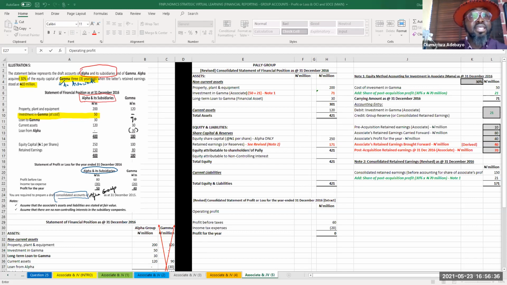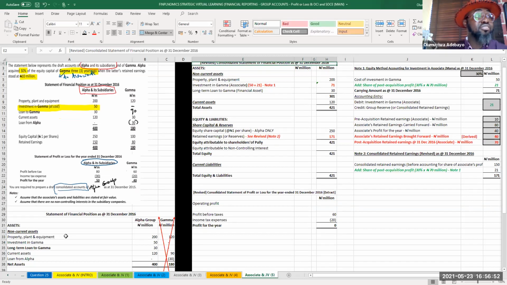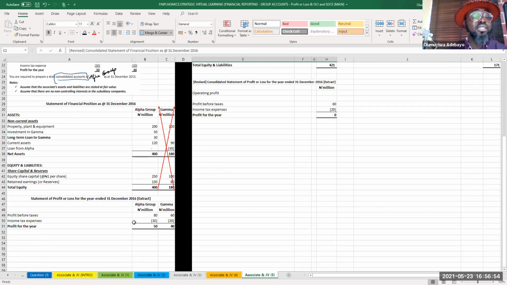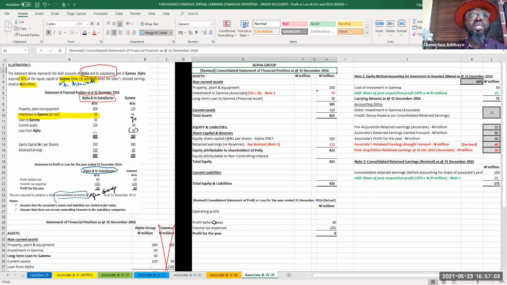Sorry. I said now we are to do the revised consolidated statement of profit or loss. Now, to do that, I said since we are given the abridged account that started from profit before taxes, from the group perspective, this is not the profit before tax because it did not take into consideration the share of associates' profits.